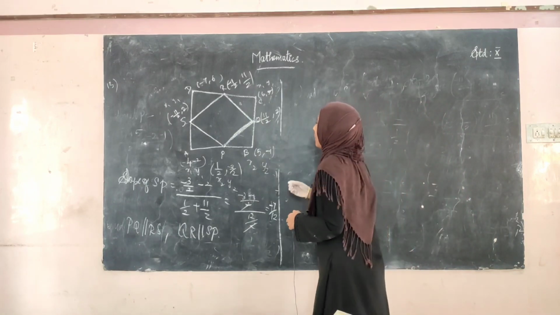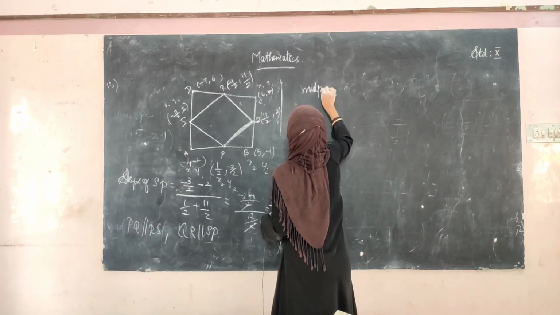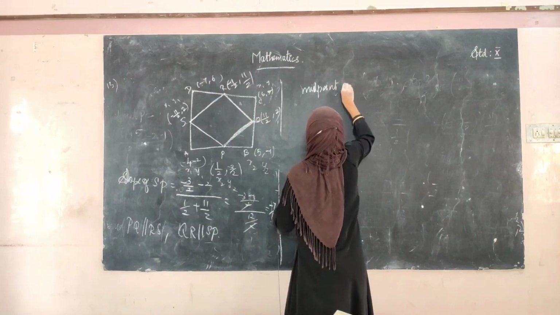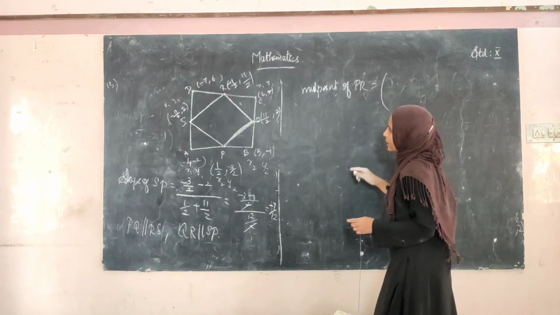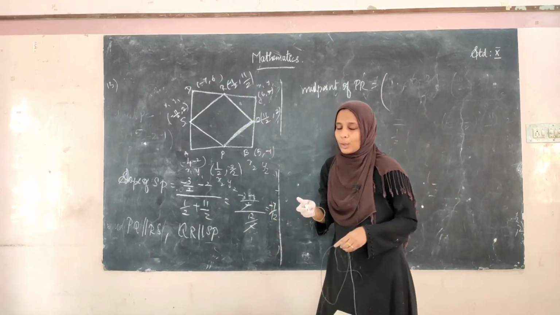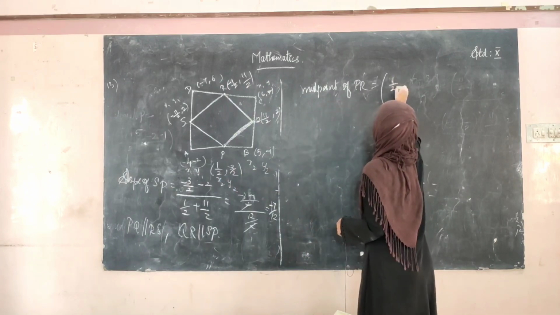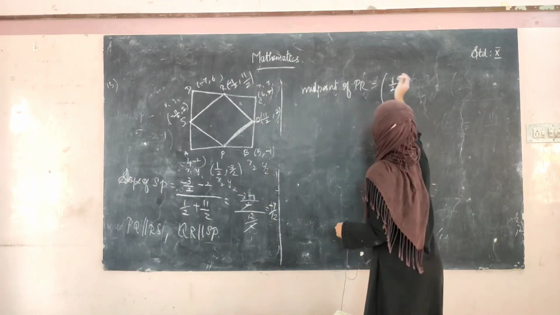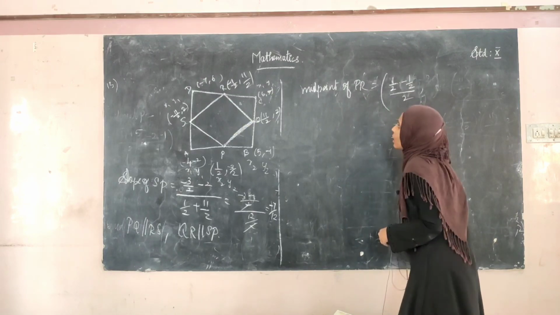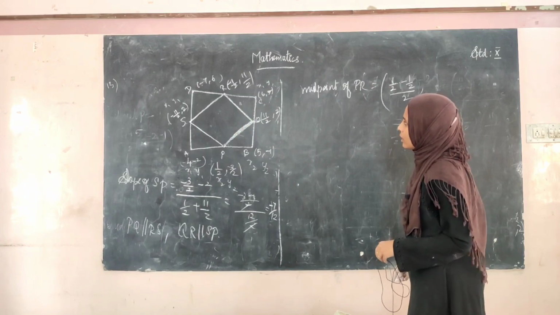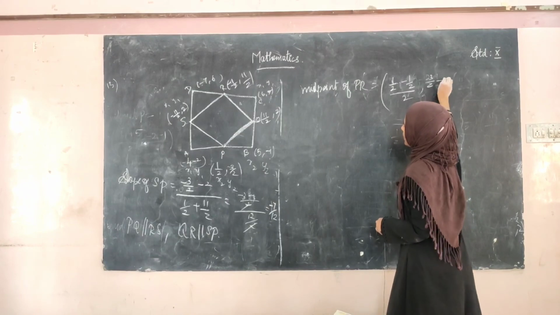So here, midpoint of PR, that is x1 plus x2 divided by 2 comma y1 plus y2 divided by 2. Here x1 is 1 by 2, right? 1 by 2 plus x2, which is minus 1 by 2, divided by 2, comma, what is y1? y1 is minus 3 by 2 plus what is y2?